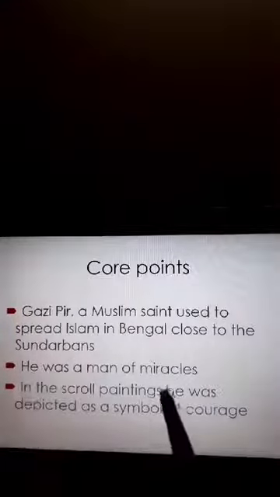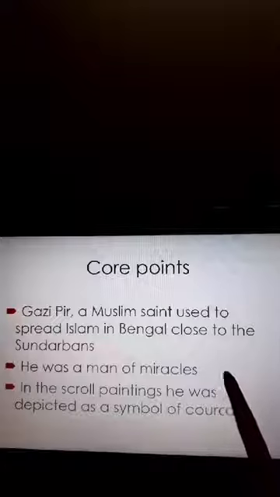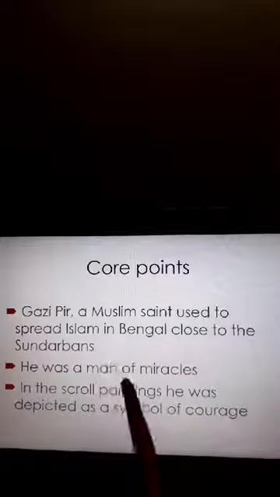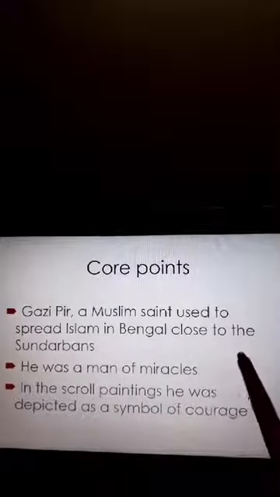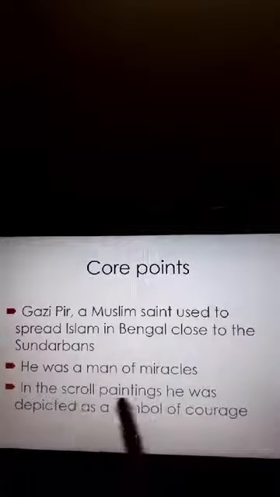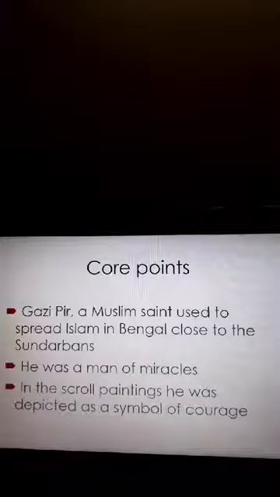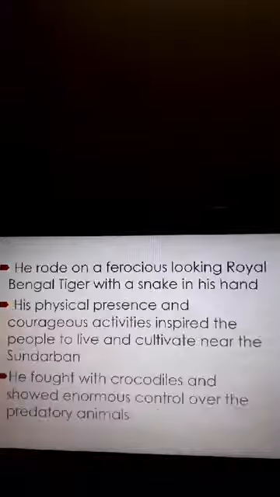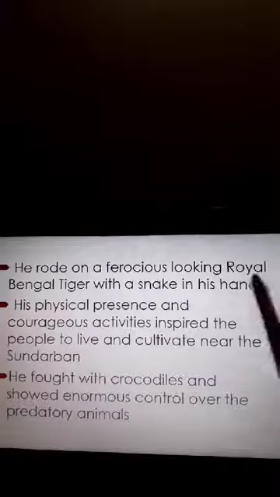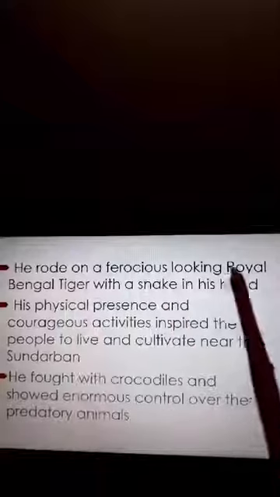He was a man of miracles, and also you can mention that he was not only a man of miracle but also a man of mission. In scroll painting he was depicted as a symbol of courage. Why courage? Because he is holding the snake, riding on a fierce looking Bengal tiger. He rode on a ferocious looking Royal Bengal tiger with a snake in his hand.